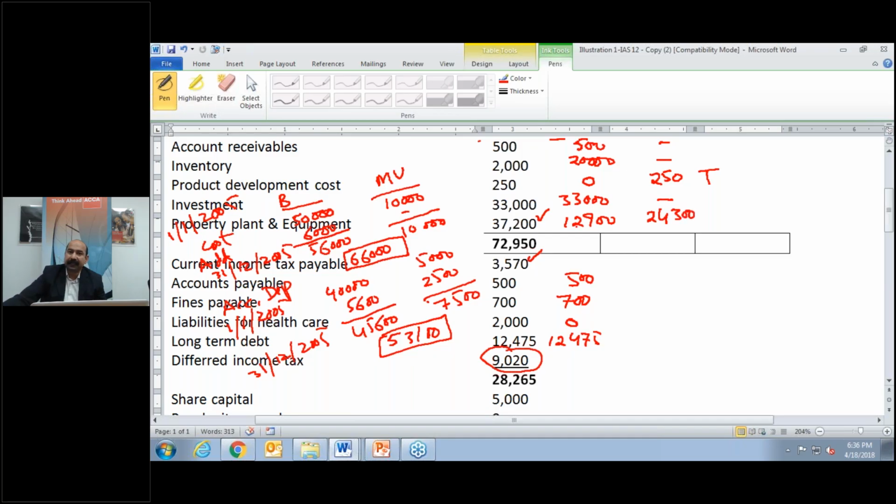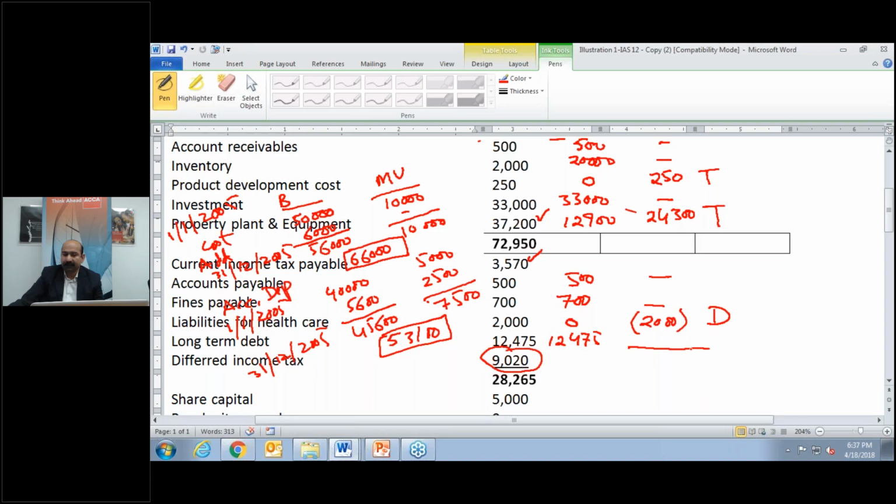Again, we can see that here the carrying value of the asset is higher than the tax base, so this is a taxable temporary difference. Then there is no difference, no difference. And then again, 2,000 is the difference. But here the liability is higher than its tax base, so this is a deductible temporary difference.